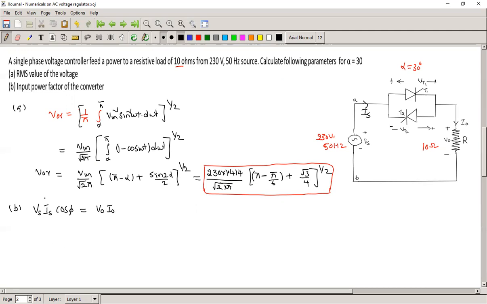This is the RMS voltage, this is the RMS current. All are RMS values because the input is AC and the output is also an AC quantity.